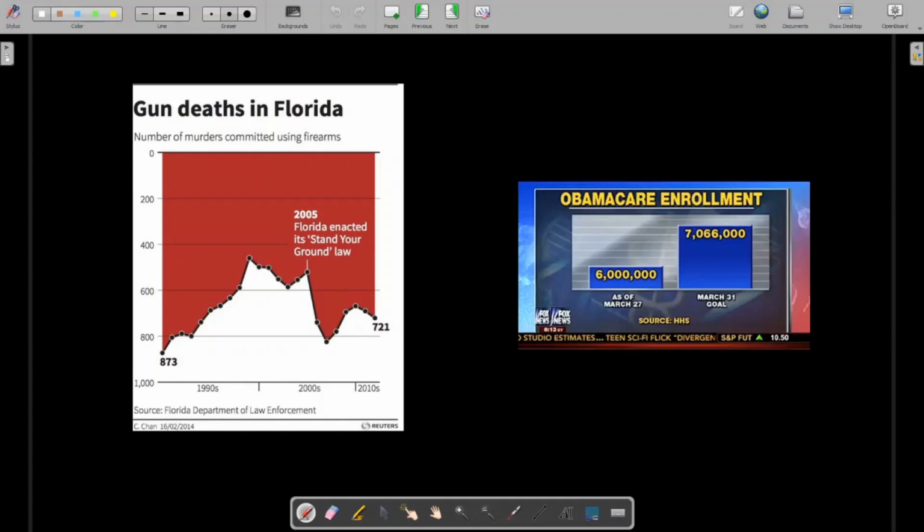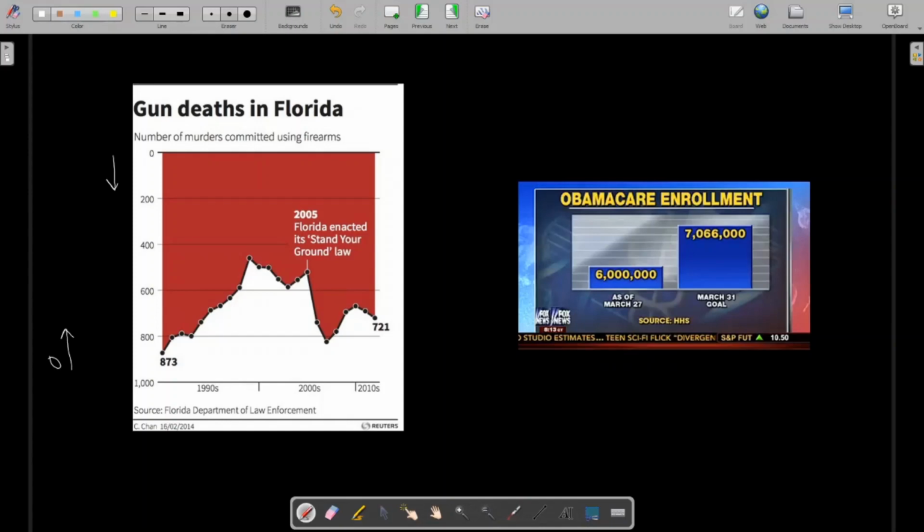Something that's really weird about this graph is traditionally we have a graph that starts at 0 and goes up with the count. But this one actually starts at 0 at the top and goes down, which is very strange right off the bat. And so this is clearly a way to deceive the audience.